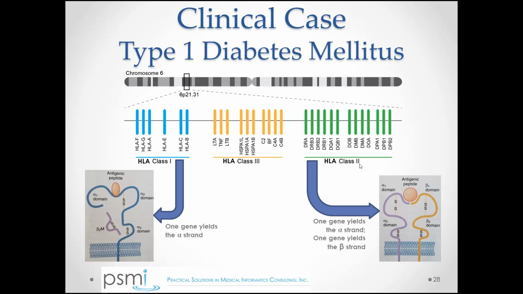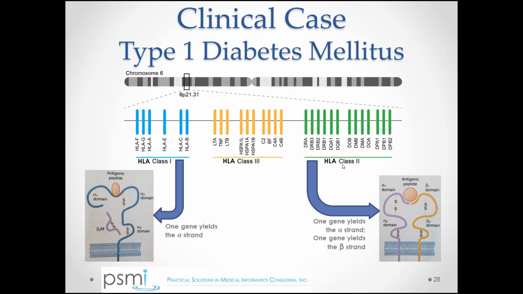HLA class 2 genes have a somewhat similar function. Here, the particular receptor is comprised of 2 protein chains. The alpha chain comes from one of the HLA class 2 genes, and the beta chain comes from another of the HLA class 2 genes.